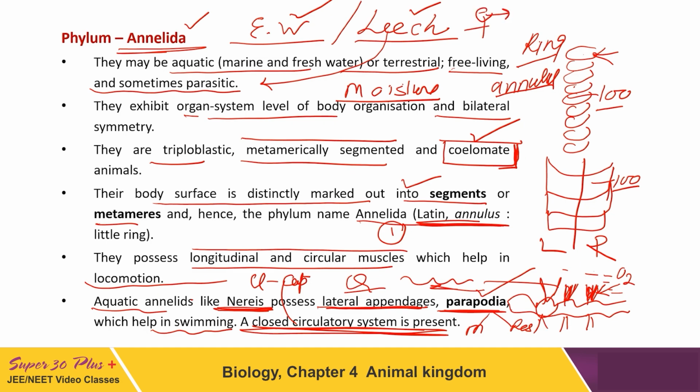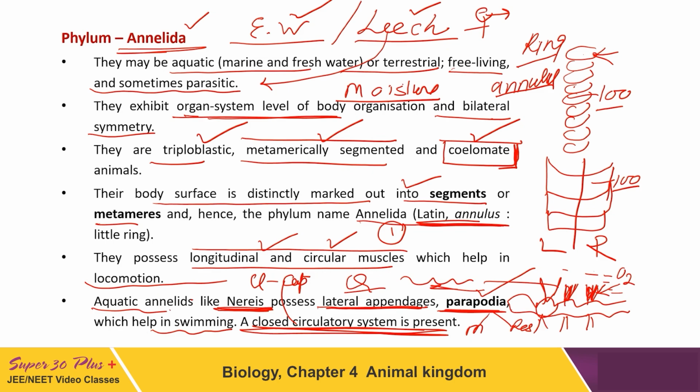Body is bilaterally symmetrical, organ level of organization is there. Triploblastic, metameric segmentation means outside as well as inside the segment number is the same. Okay, then they have longitudinal muscles. Nereis, will you remember again? This is an aquatic annelid.